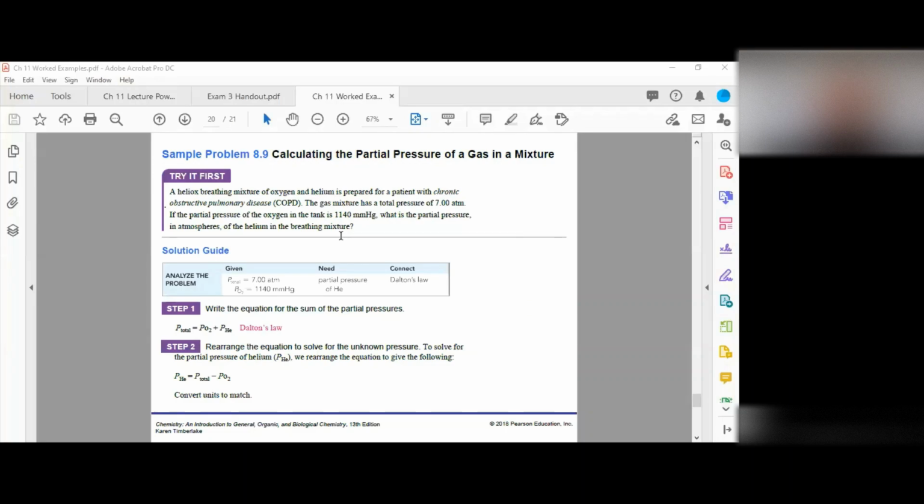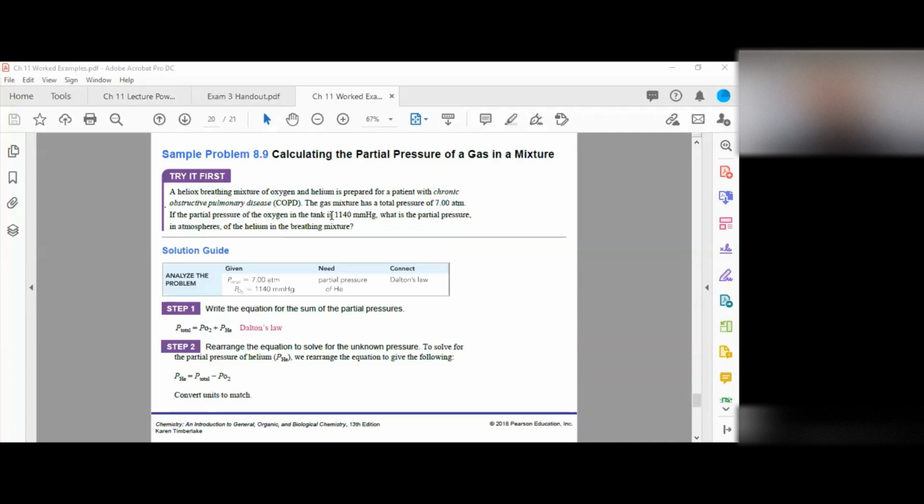Okay, so the total is 7 atmosphere. Partial pressure of oxygen is 1140 millimeter mercury. I cannot deal with more than one unit in the question, so I'm going to have to convert them all back to atmosphere. Why? Because the partial pressure of the helium being asked about, he wants it to be in atmosphere.